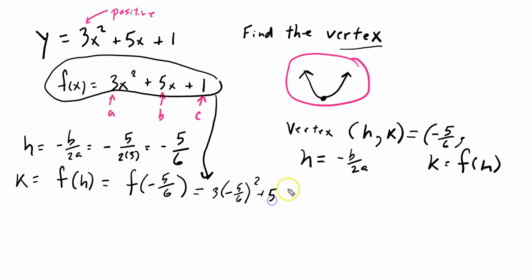So plus 5 times negative 5/6 and plus 1. Okay, so my y-coordinate is going to be, now when I square that, I will lose the negative sign and I'll get 25 over 36. So I'm going to have 3 times 25 over 36.